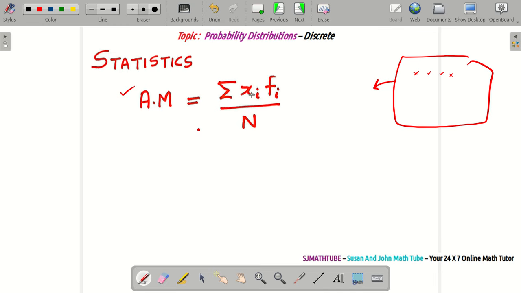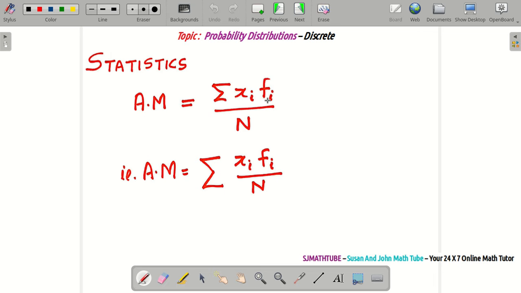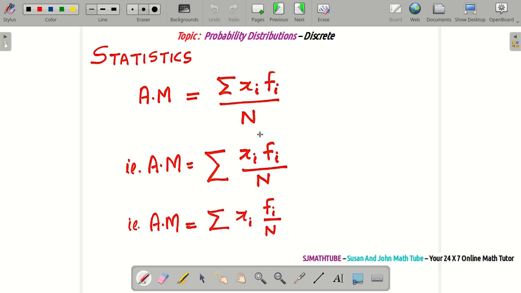I hope you remember this, sigma xi fi by n. And I hope you don't mind if I take this n inside the summation. And then I'm going to write this as xi into fi by n. Take a good look at this quantity fi by n.